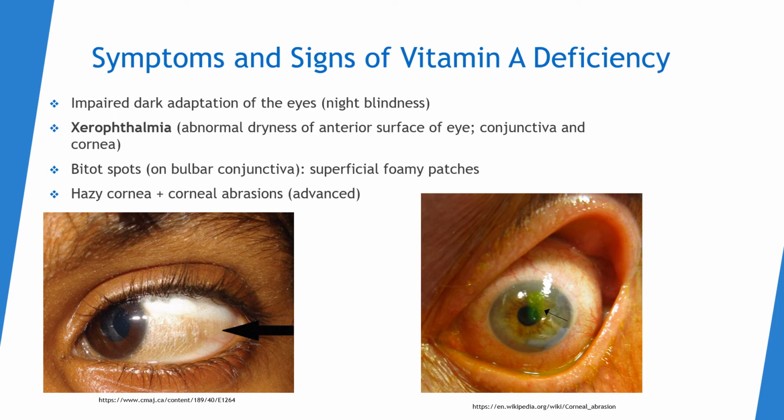Xerophthalmia is the abnormal dryness of the anterior surface of the eye on the conjunctiva and the cornea. Beetle spots are found on bulbar conjunctiva, as you can see below, and they are superficial foamy patches. Hazy cornea, and corneal abrasions are seen in advanced cases of vitamin A deficiency.